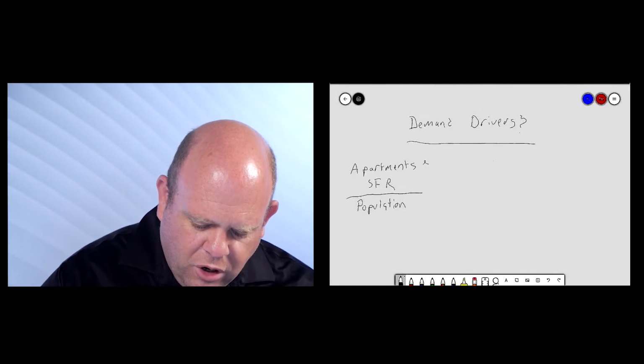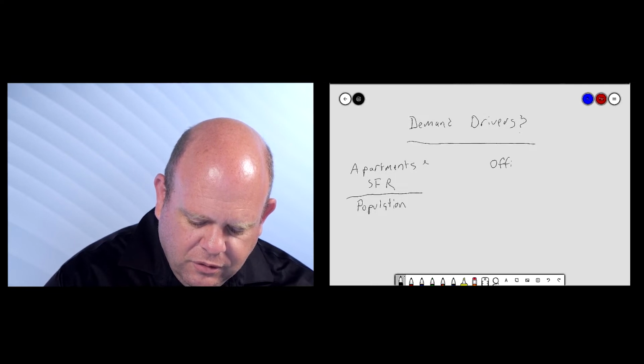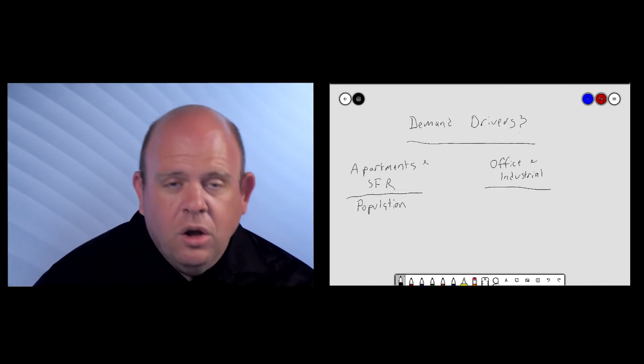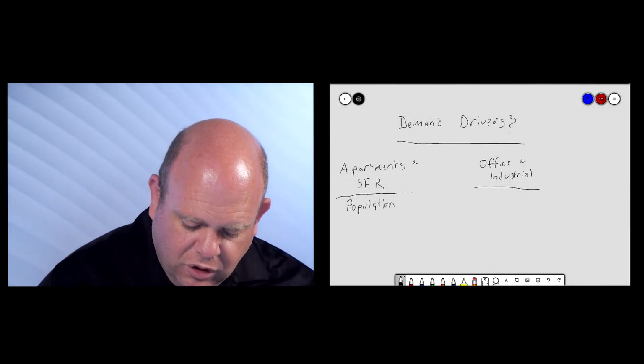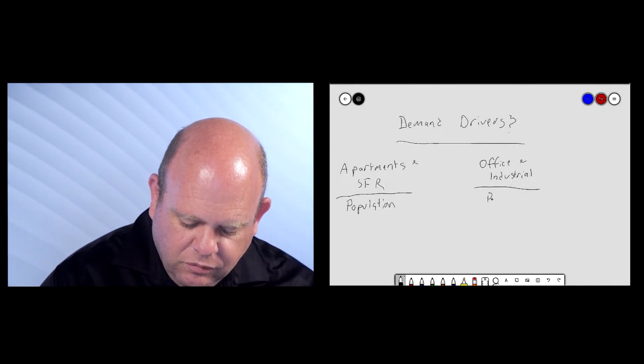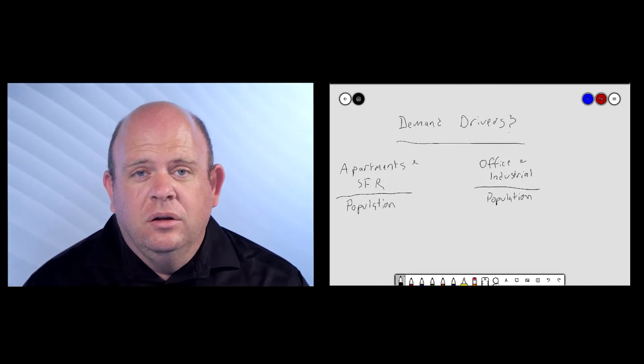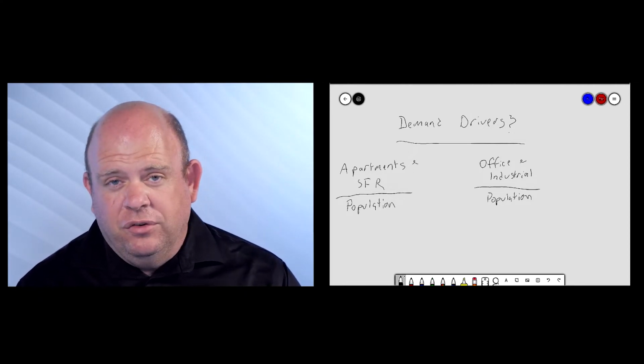What about for office and industrial? Well, we still have a demand driver of population, right? If there are fewer people, there is going to be less of a demand put on offices and industrial.